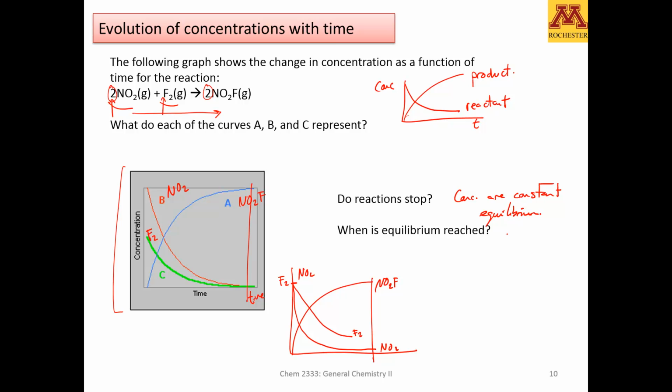However, it's a dynamic equilibrium. This means that reactions actually never stop. There are always some moles of reactants becoming products and some moles of products becoming reactants. Equilibrium is reached when the rate of the reaction moving forward is equal to the rate of the reaction moving backward.